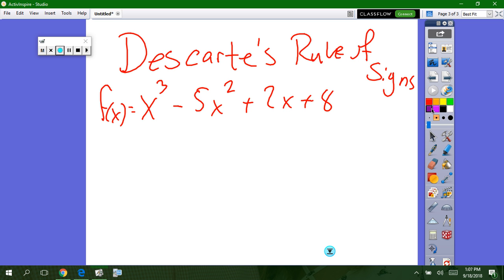What I mean by a sign change is, I'm looking at the coefficients, and as I go down 1 degree, are they changing sign? Does that make sense? So notice, what's my leading coefficient? It is a positive 1.